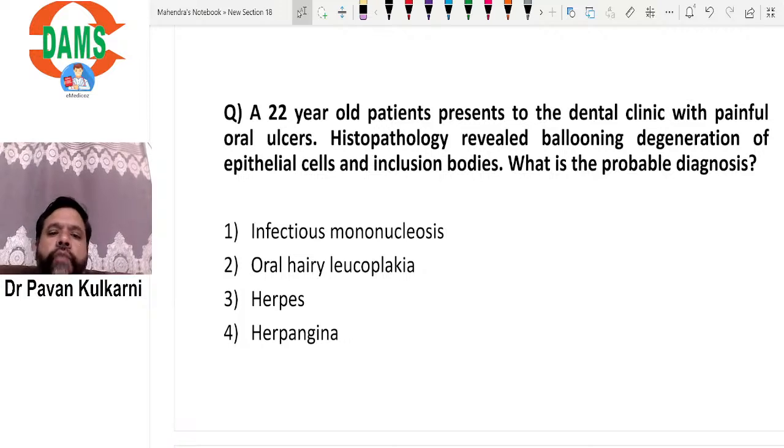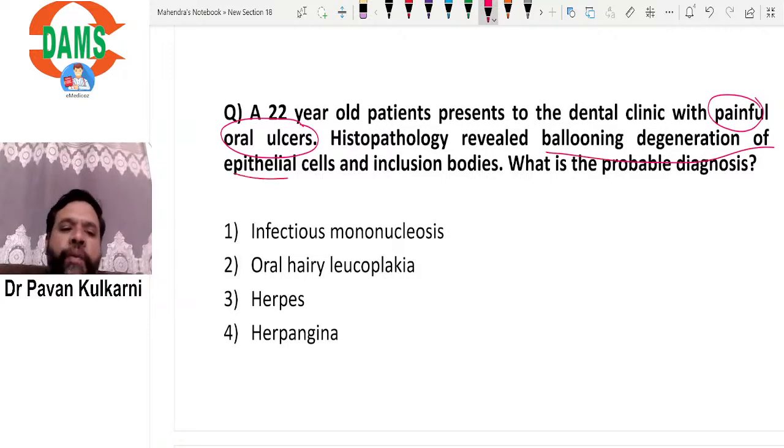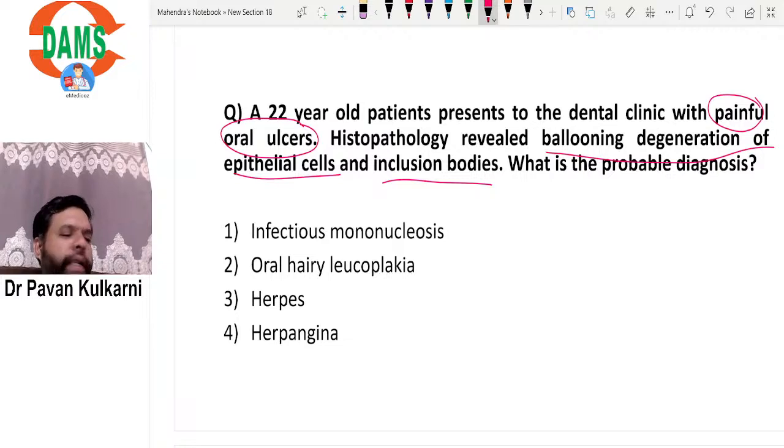See here. First of all, painful oral ulcers. First itself, the clue that is given is painful oral ulcers. There is ballooning degeneration of epithelial cells and inclusion bodies. What is the probable diagnosis?